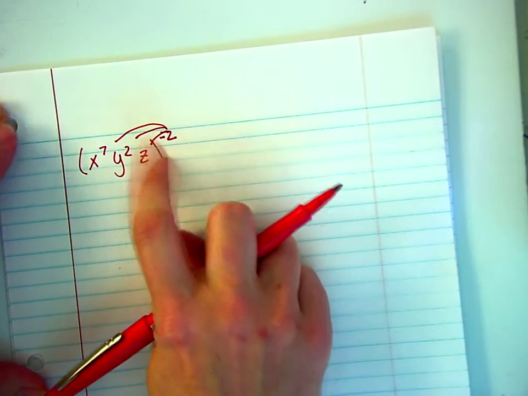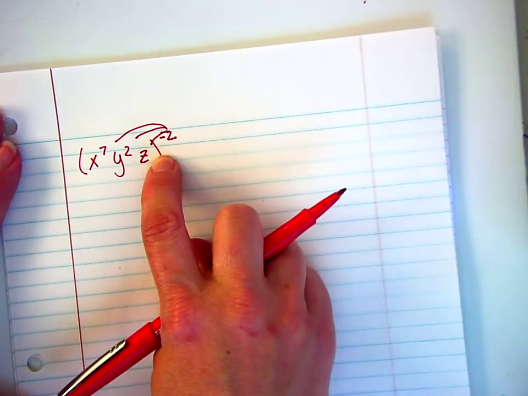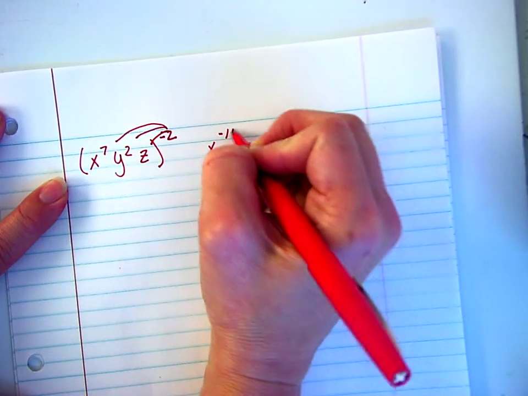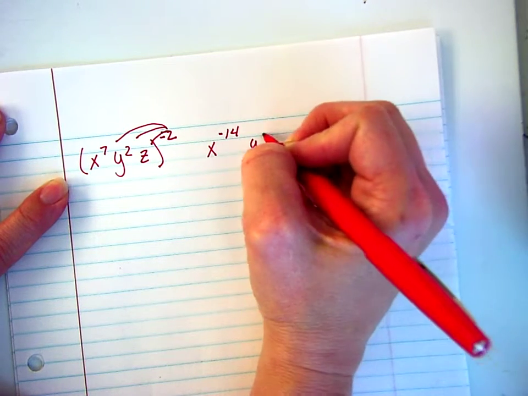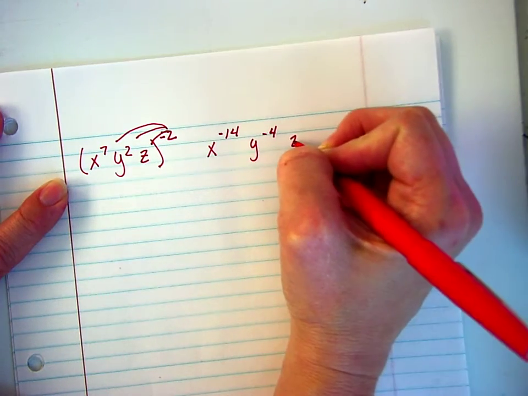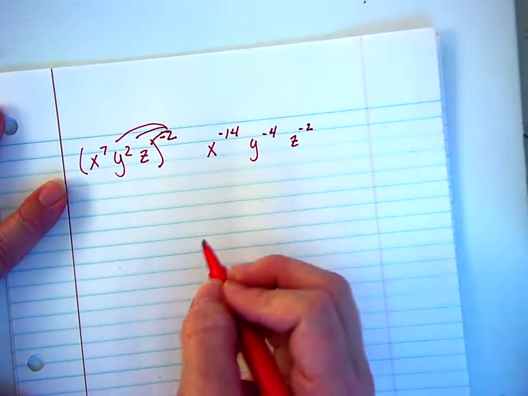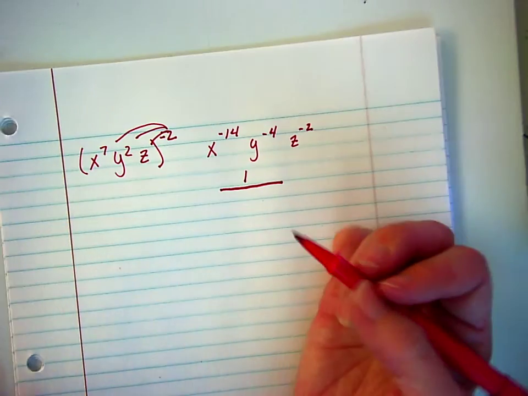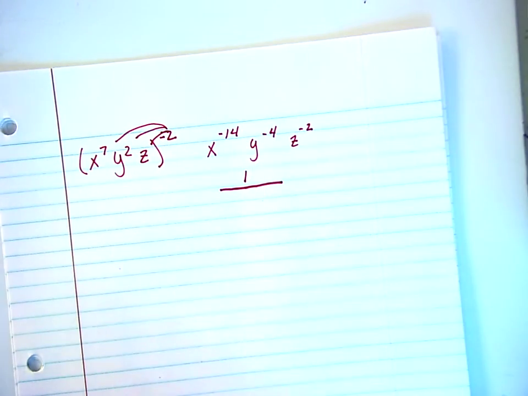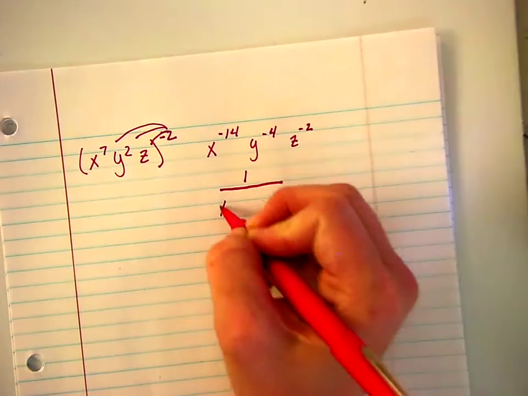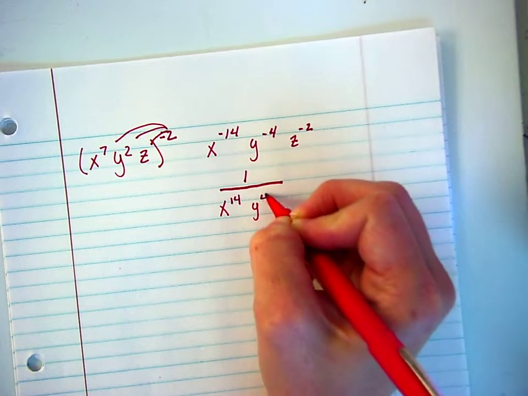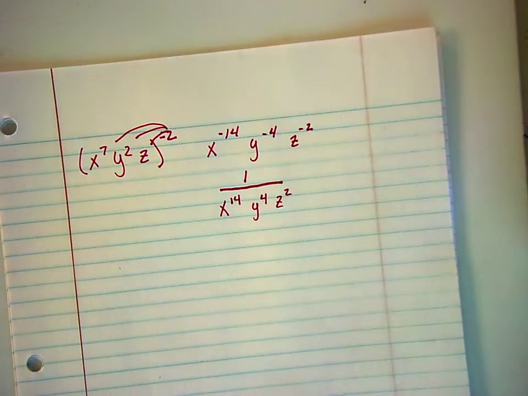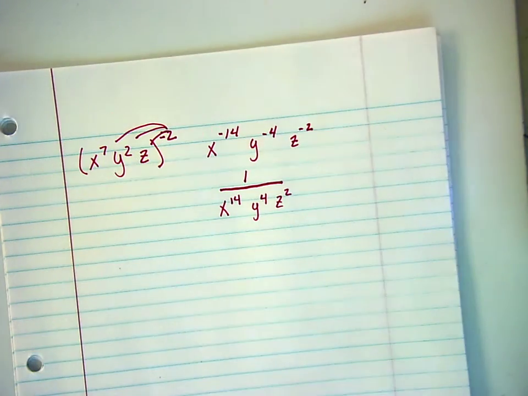Don't forget, z has an exponent of 1, so I don't want to leave it out. So that gives me x to the power of negative 14, y to the power of negative 4, z to the power of negative 2, and I can't have negative exponents, so now I'm going to put all of those over 1. That's where the 1 needs to be written, whenever you don't have a numerator, you're going to put a 1. X to the power of 14, y to the power of 4, z to the power of 2. Now we have all denominators. And all of my exponents are positive.